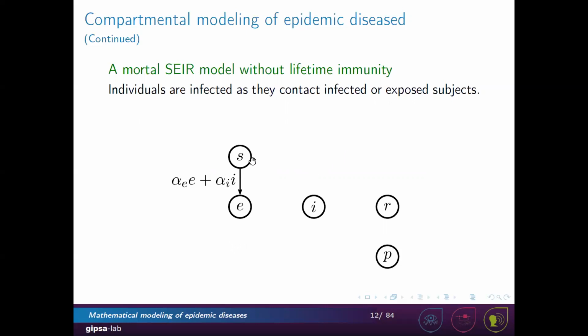So somebody who is not yet infected with the disease, the more they have the chance of meeting exposed and infected people, the more probable it is that they get ill. So this edge of the graph shows the rate of exiting the group of susceptibles and entering the group of exposed. We can see that the more exposed and infected people there are, the higher the rate between the susceptible and exposed groups.